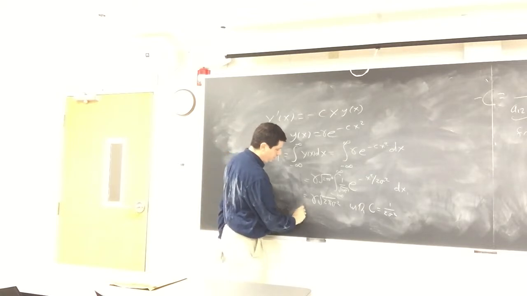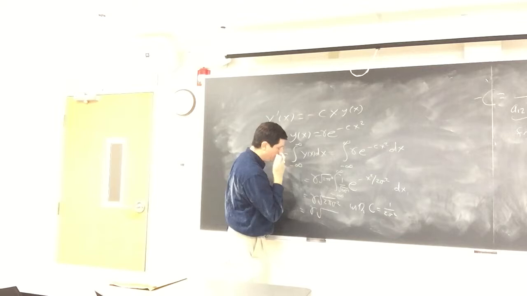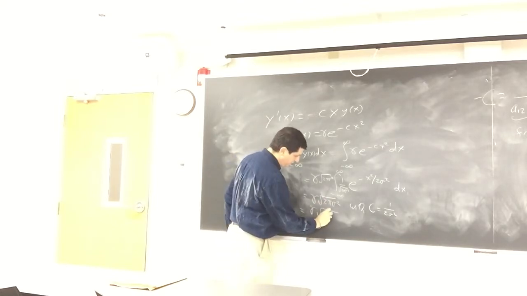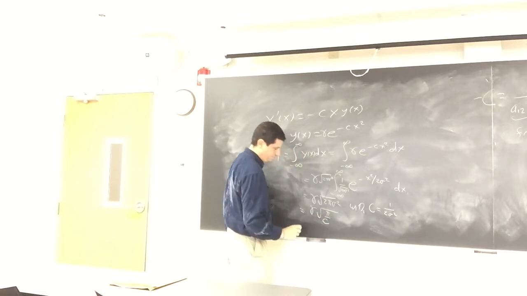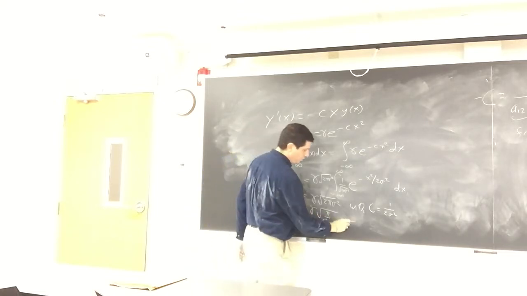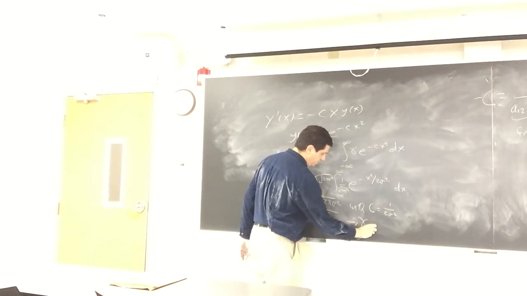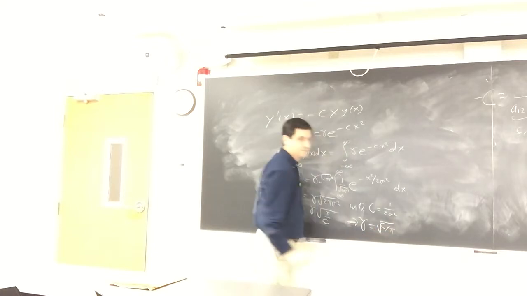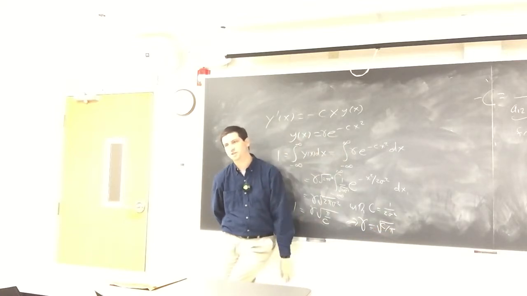So this should be gamma times the square root of, 2 sigma squared is 1 over c, so this should be, I think, pi over c equals 1. And now we can solve for gamma. So that should tell us, I believe, that gamma is equal to the square root of c divided by pi. I may have made a small error, I don't care.